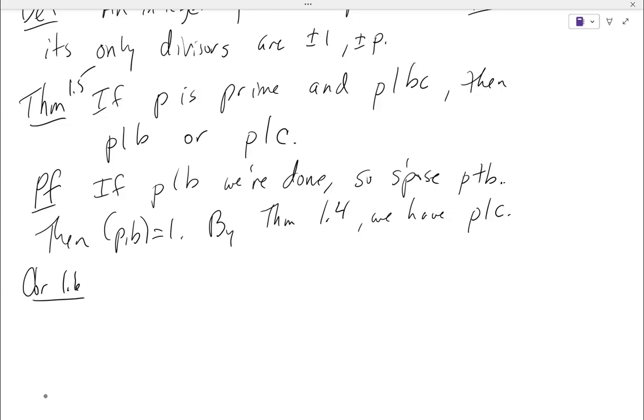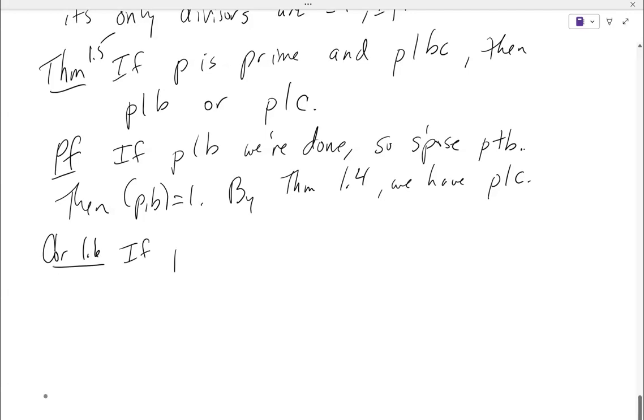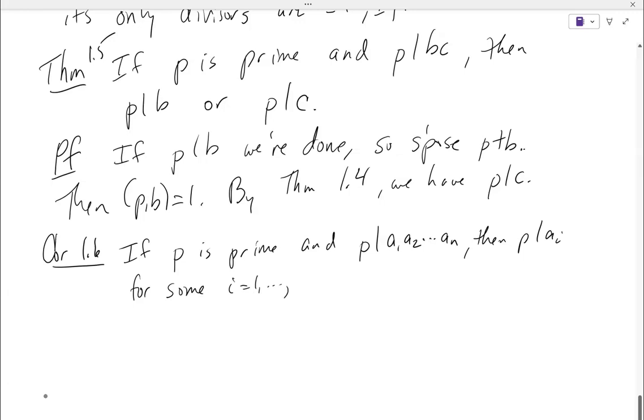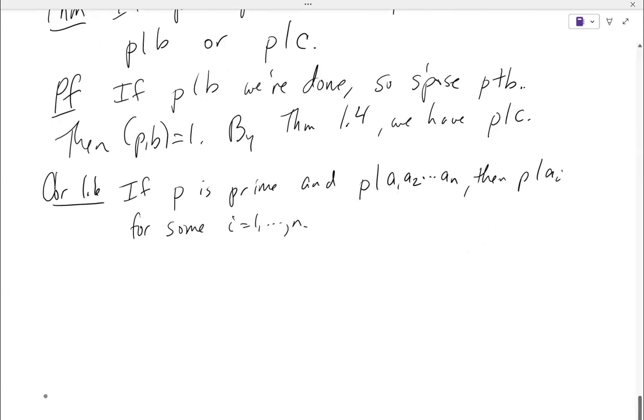So the corollary is that if P is prime and P divides A1, A2 up to AN, the product of A1, A2 up to AN, then P divides A sub I for some I in 1 to N. Not 1 to N, that's right, 1 is fine.